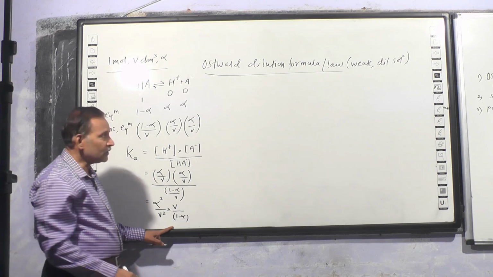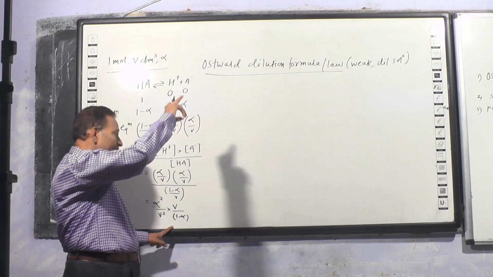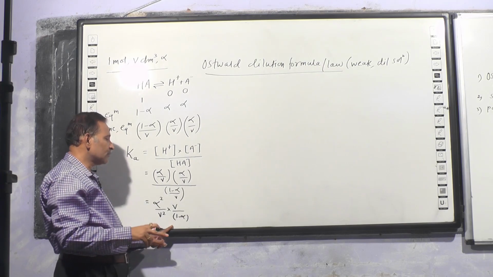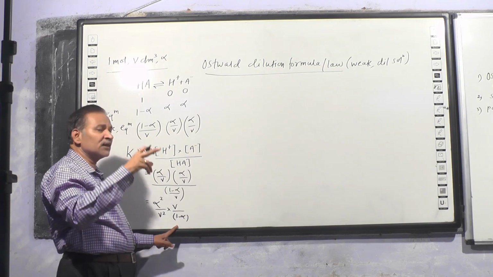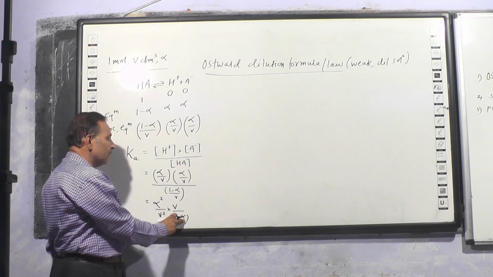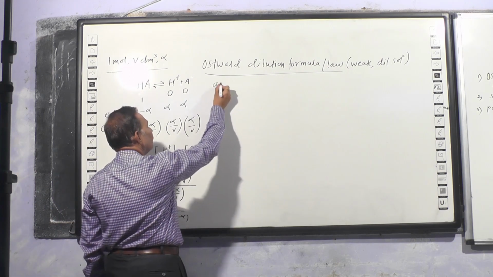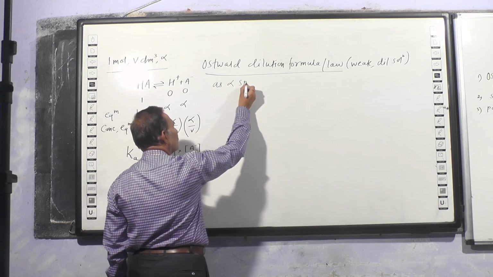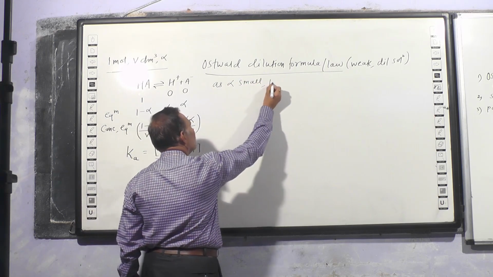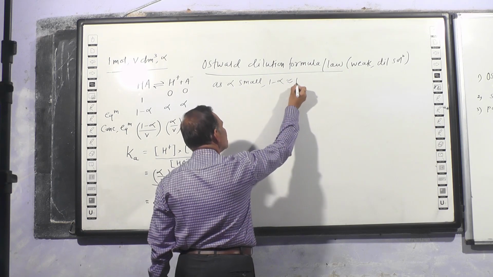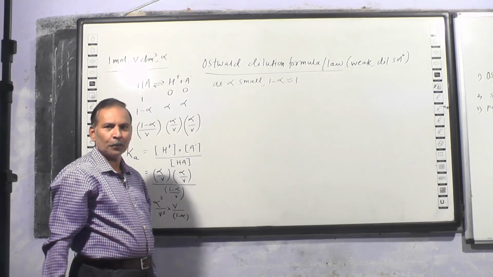Now, we already mentioned that this law is applicable to dilute solutions, and for dilute solutions of weak electrolytes the value of alpha is very, very small. So as alpha is very small, 1 minus alpha can be approximately taken to be equal to 1.